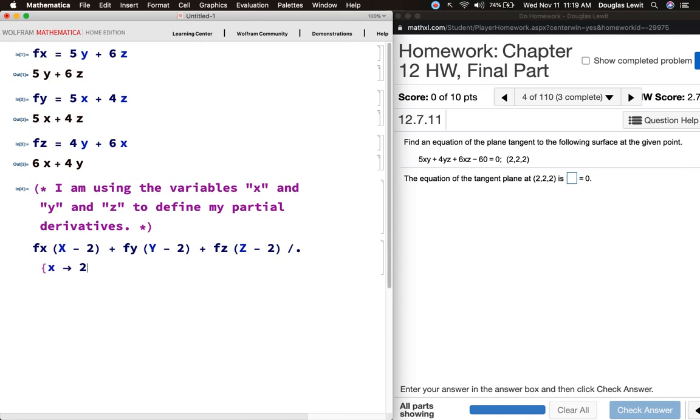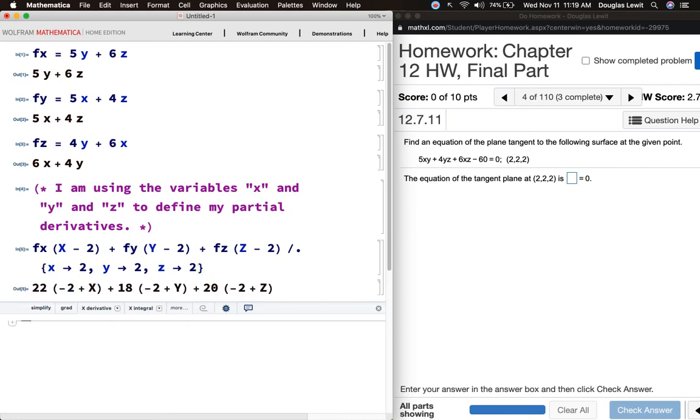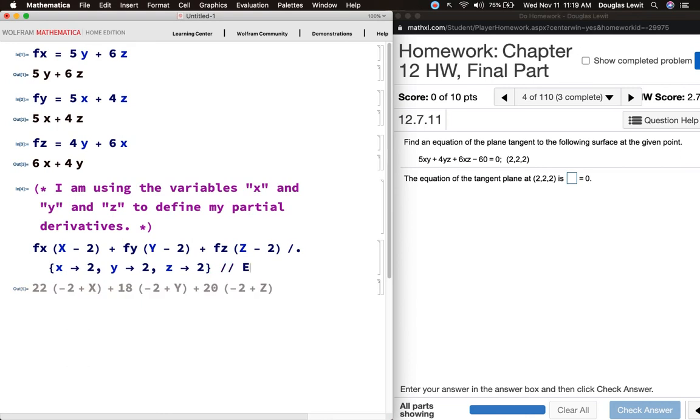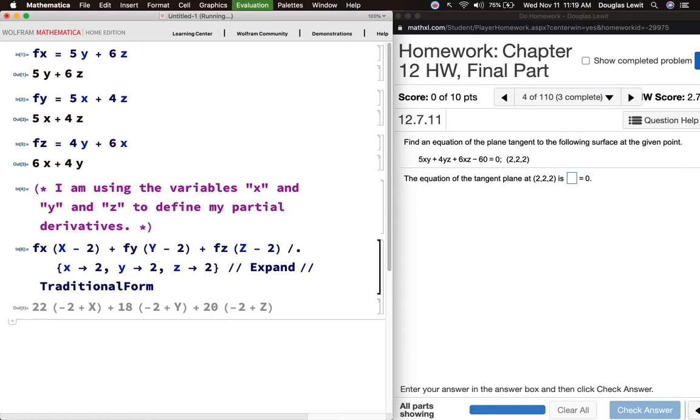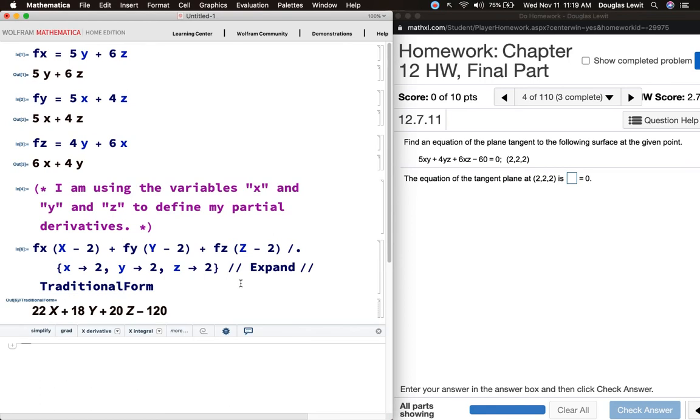And x is 2, y is 2, z is 2. Okay, so we need to clean this up a little bit. Expand it, traditional form. Okay?